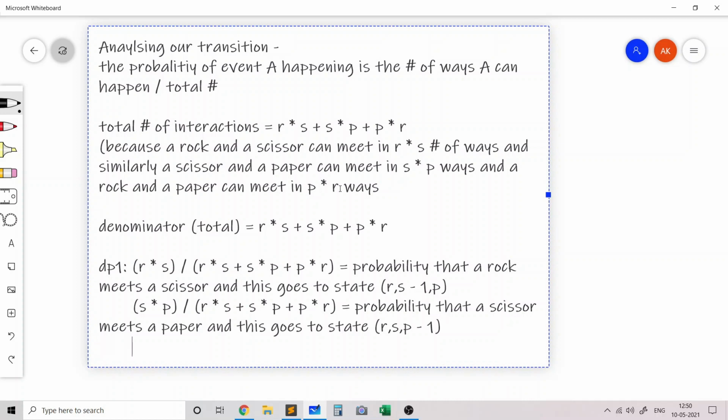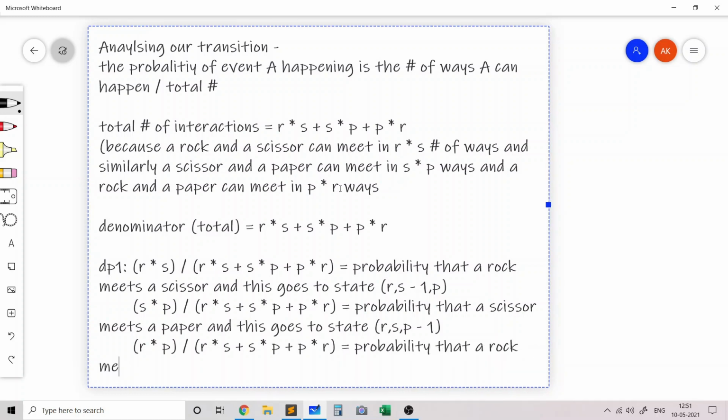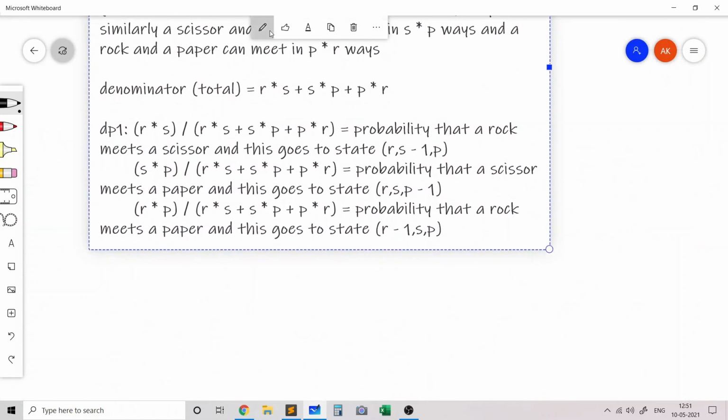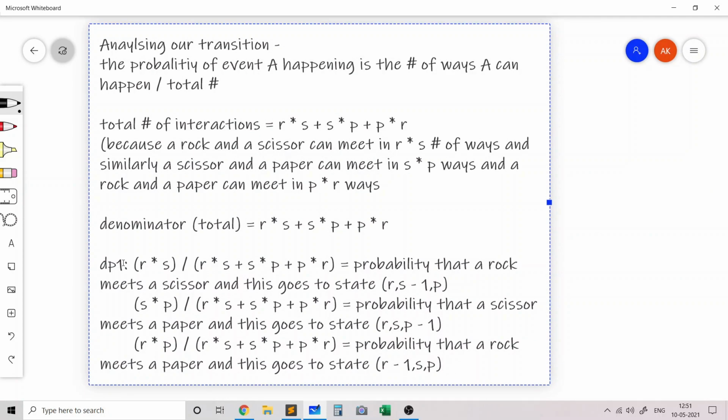And in the last case, if a paper meets a rock, then that happens with probability R into P, and the denominator will always remain the same because it is the total number of ways. This is the probability that a rock meets a paper, and this goes to state R minus 1, S and P. So these are the three cases which we need to consider when we are computing DP1 or DP2 or DP3, it doesn't matter.